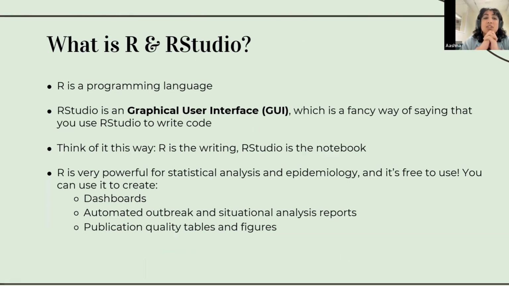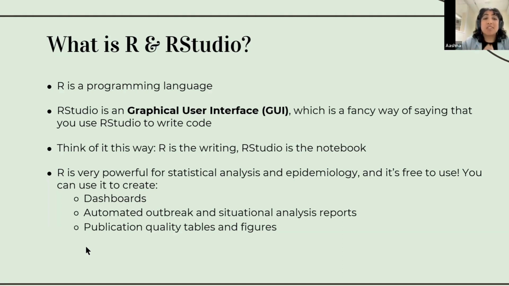And RStudio is something called a graphical user interface, which is a fancy word. It's just a way of saying that you use RStudio to actually write code. Some people use the car analogy where R is the engine and RStudio is the car. You can also think of it this way, where R itself is the writing and RStudio is the notebook that you write in. However you want to conceptualize it, basically you need both of those things.